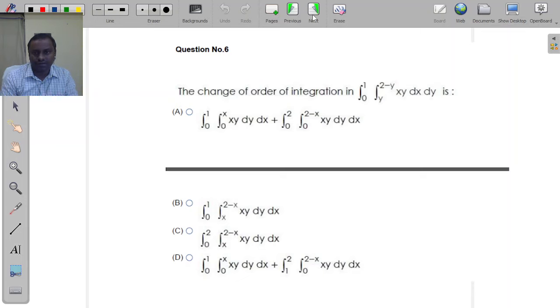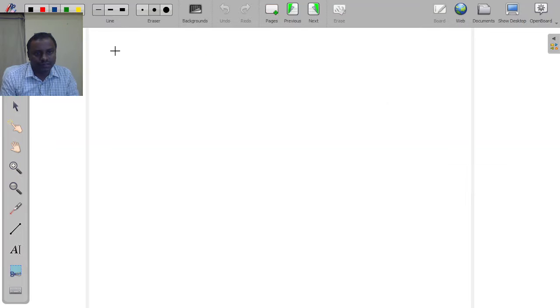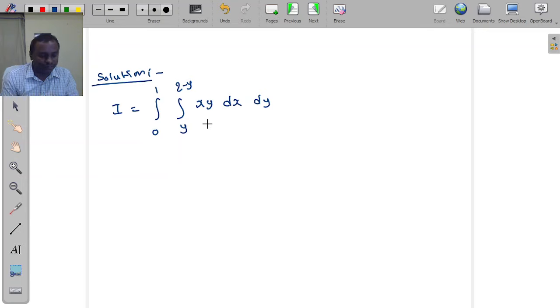We need to change the order of integration. In the sense, x is varying from y to 2 minus y and the y limits are 0 and 1.